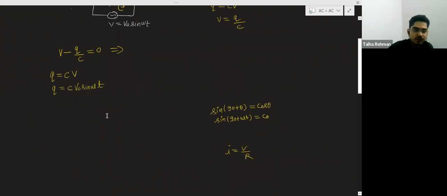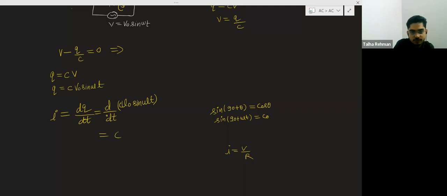Okay. We want the equation of the current. And what is current? Current is equal to dq by dt. So we will differentiate this equation, Q is equal to C into V naught sine omega t.